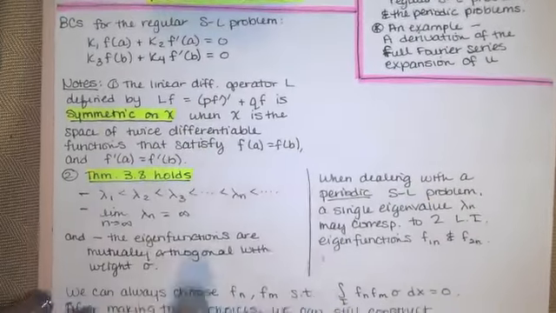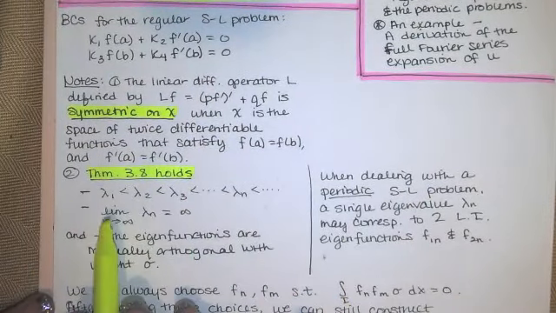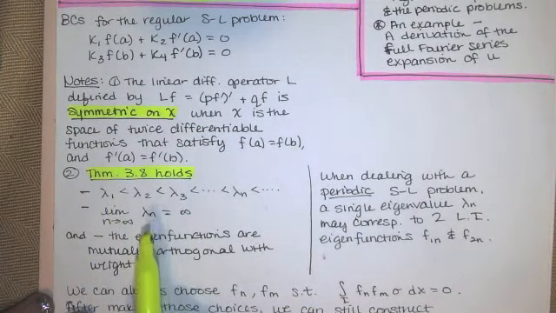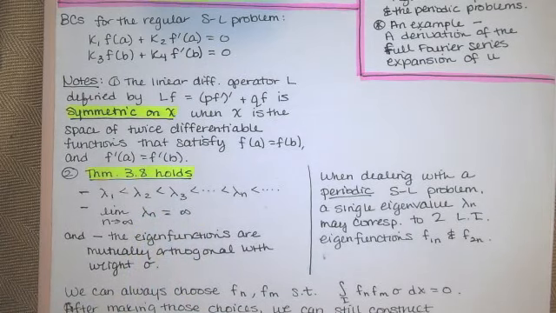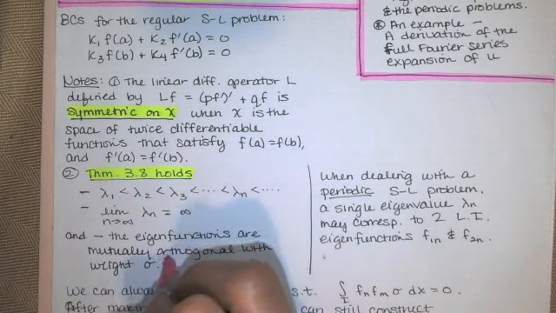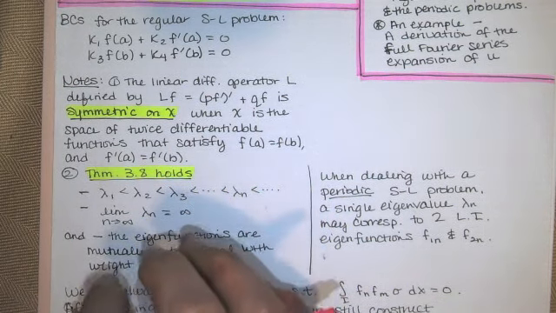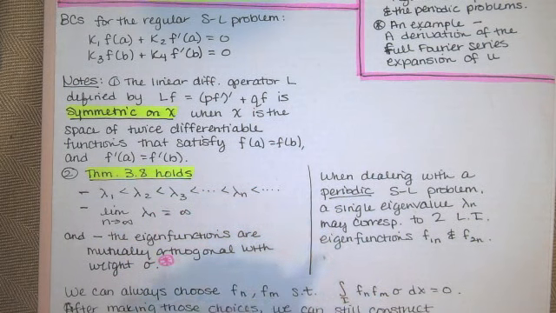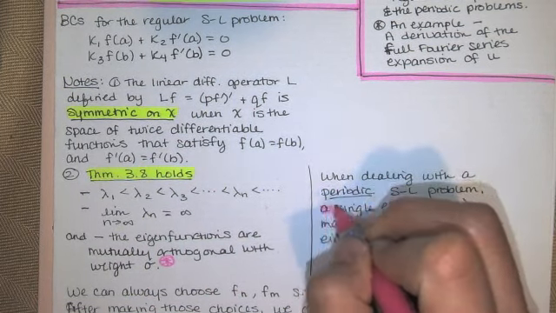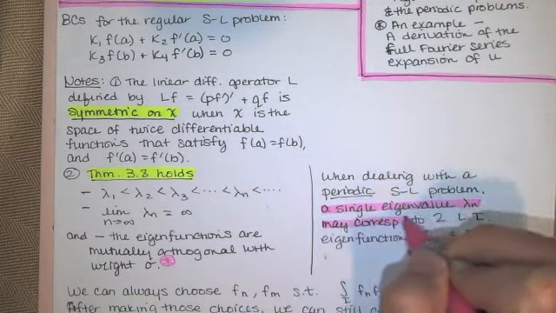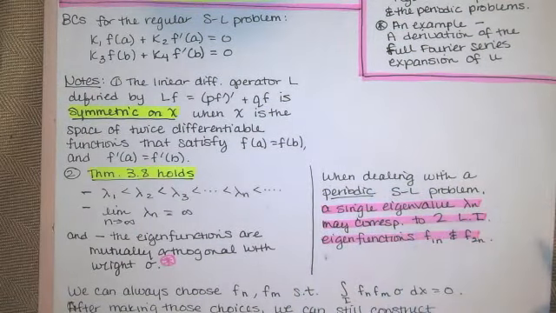Now, theorem 3.8 says the following is true. We've got an increasing sequence of eigenvalues. As n goes to infinity, the eigenvalues go to infinity, and the eigenfunctions are mutually orthogonal with weight sigma, but let's put a big asterisk there. It's like yes and no. Yes, we will always be able to find eigenfunctions that are mutually orthogonal with weight sigma, but when we're dealing with a periodic problem, a single eigenvalue may correspond to two linearly independent eigenfunctions.